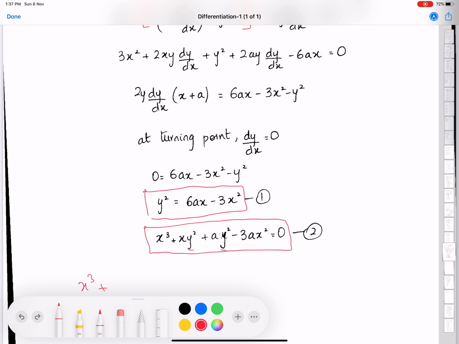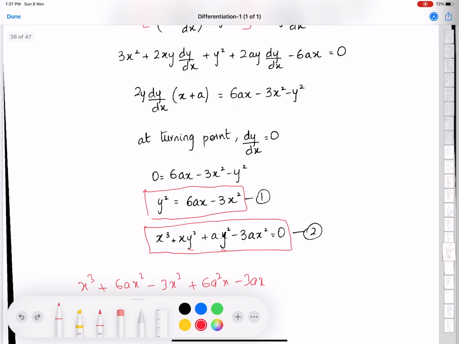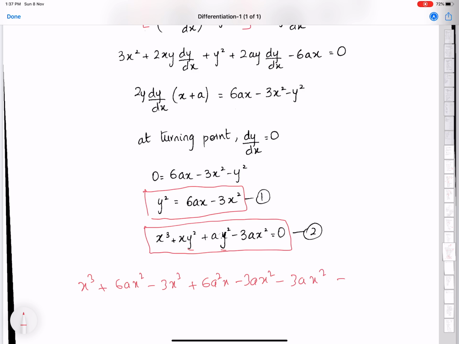So this will become 6ax square minus 3x cube, plus when you multiply a, 6a square x, 3ax square, and copy this 3ax square. So 3ax square will be cancelled out with this 6ax square.